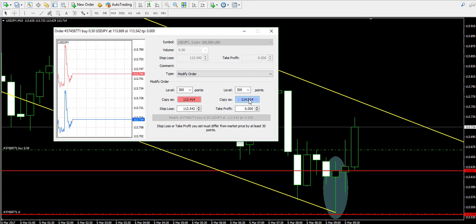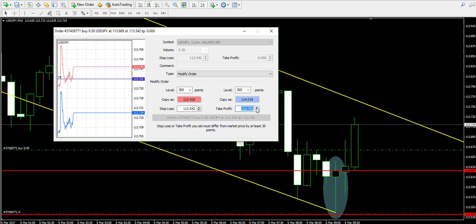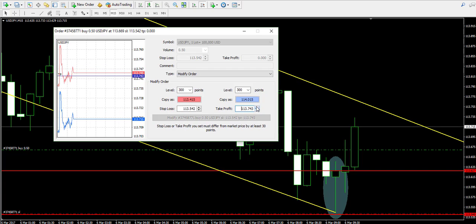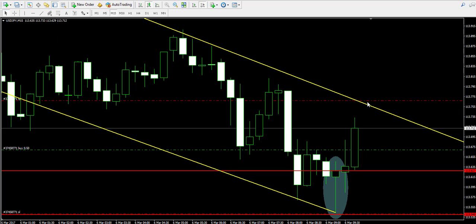Near the trend line on the chart, which we intend to use as an exit point of our trade. Okay, and I'm doing this in case the price does a big jump and touches the trend instantly, and to be able to close the trade immediately.